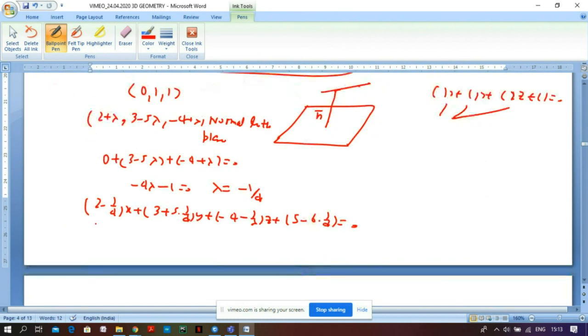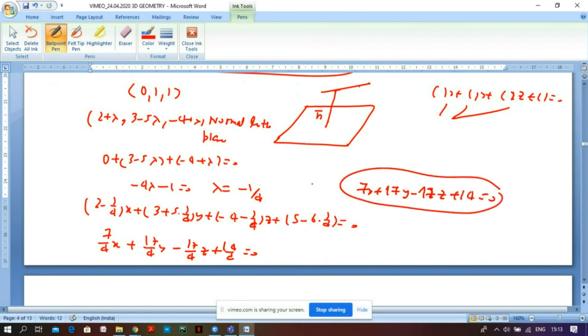This further simplifies to 7 over 4 x, and 12 plus 5 is 17 over 4 y, and minus 17 over 4 times z, and this you can get as 14 over 4. So plus 14 over 4 equals 0, and that 4 you can take out. So 7x plus 17y minus 17z plus 14 equals 0. That is the equation of the plane we are looking for.